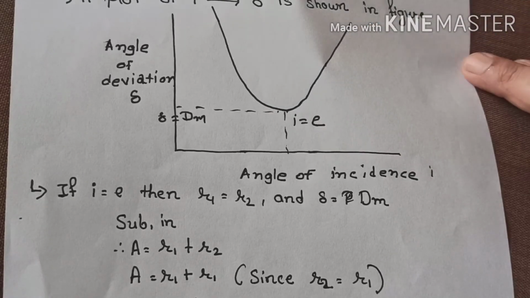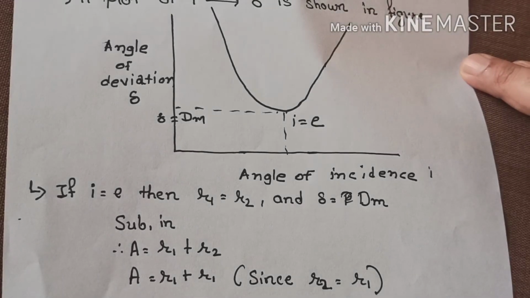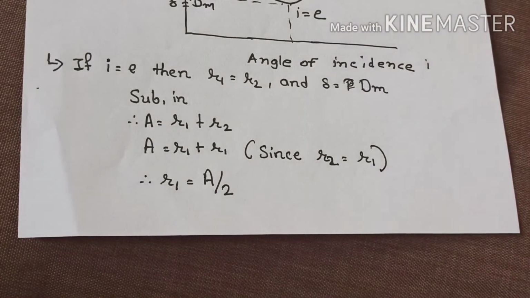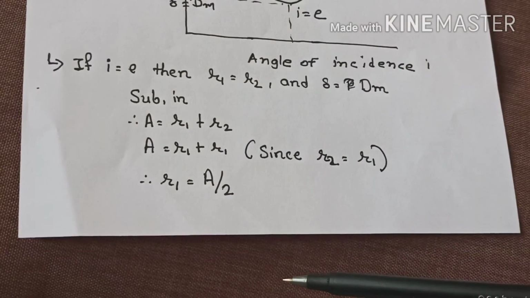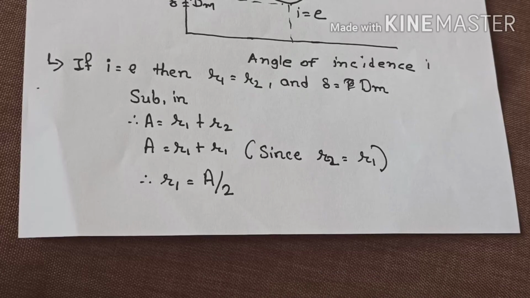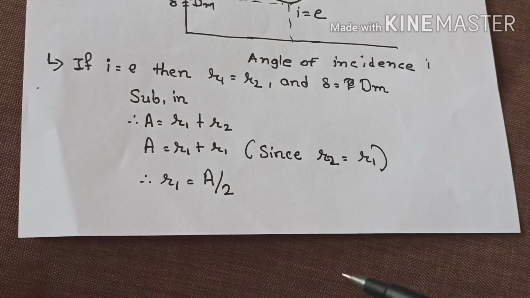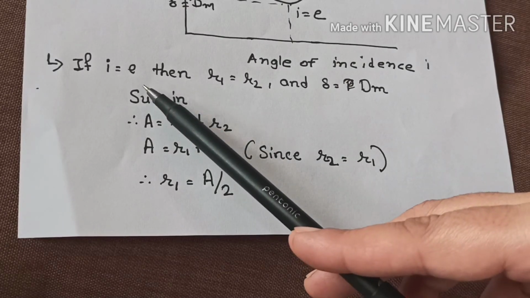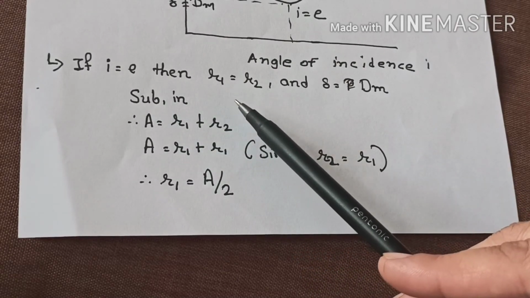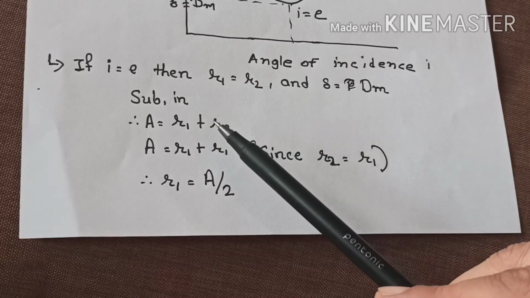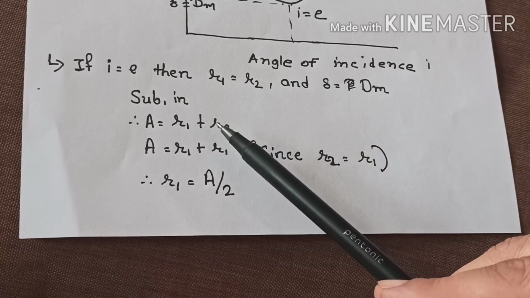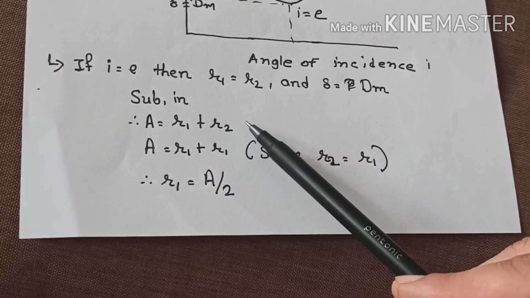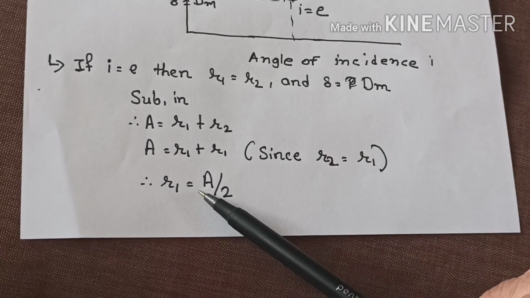As you increase the angle of incidence, deviation reduces until one particular value of incident angle, which is exactly equal to the angle of emergence, and at that point you get a minimum deviation. Delta has its minimum value. If I is equal to E, then delta is equal to dm. And one more interesting fact here: R1 is equal to R2. If R1 is equal to R2, then R1 is equal to A by 2.